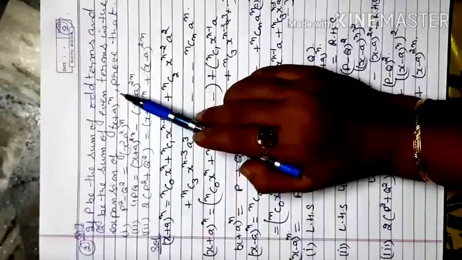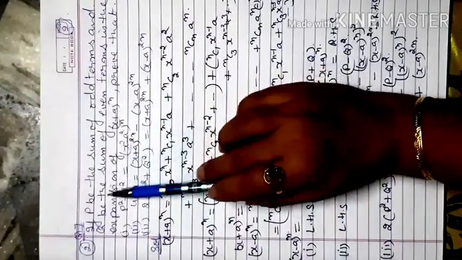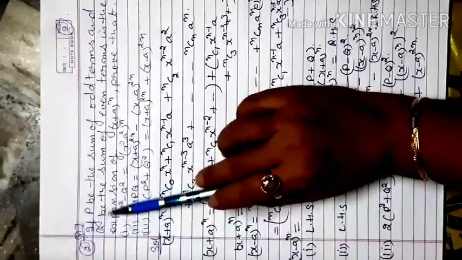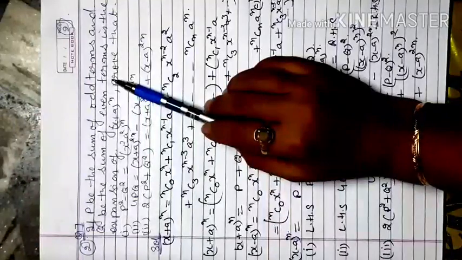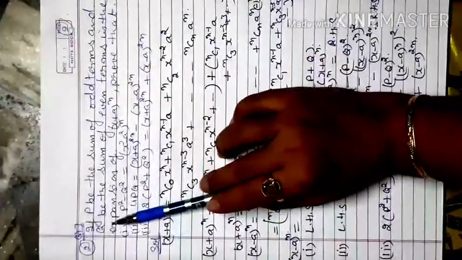Okay, and we can say that the terms available at odd positions, the total of that is denoted as p, and q is the sum of even terms. Even terms mean second position terms or even position terms, term 2, term 4, term 6. So when you add all these terms, that will be represented as q.